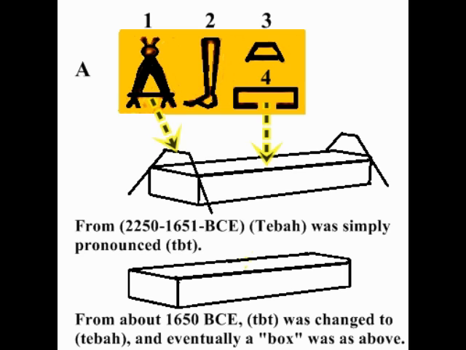And what happened is that the triangular-like shaped areas on both ends of the box were removed, and the shape was changed to what we see in the rectangular box as seen below. From about 1650 BCE, the word was changed, and eventually a box was as we see above. And that is basically how that came about.